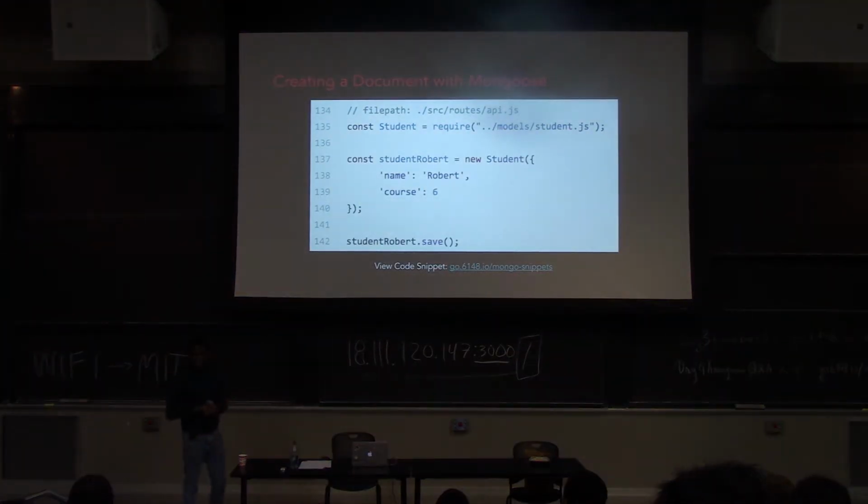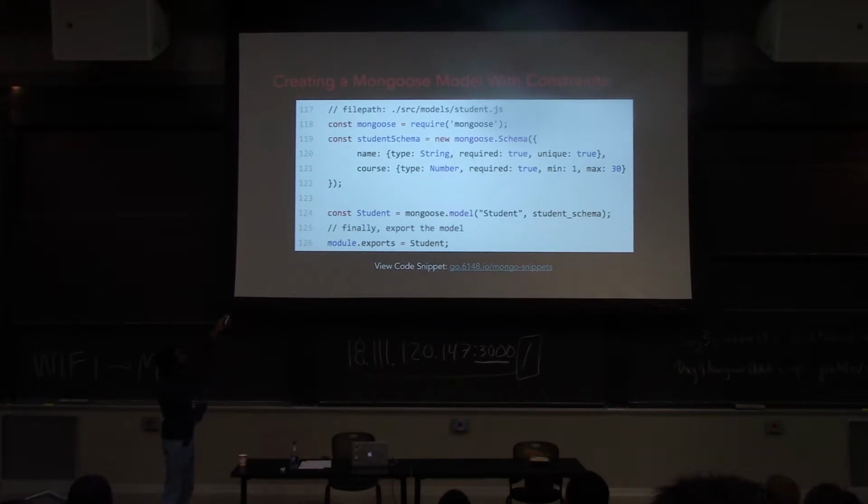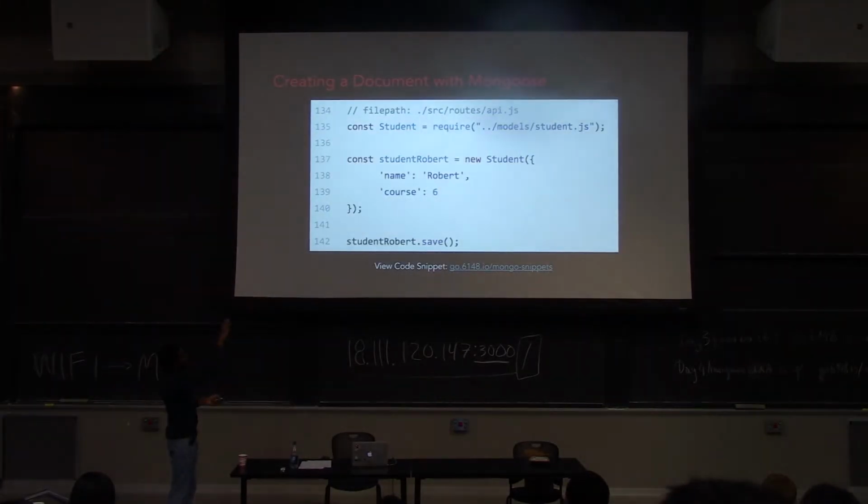So now that we have our model, we're going to import that model. Back to here, first we look at the file path. The file path is source/models/student.js, and we move this file path here. We are in API.js.